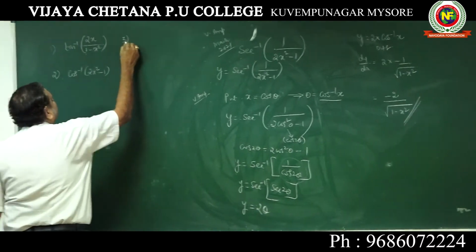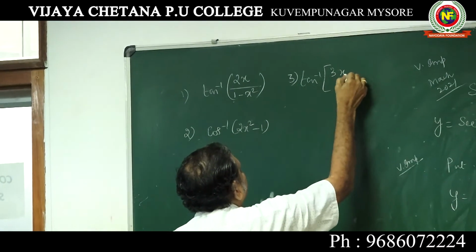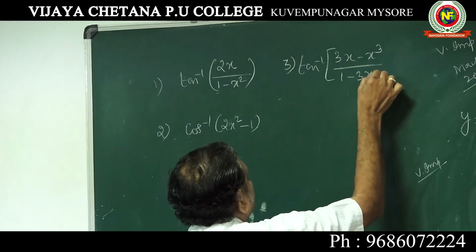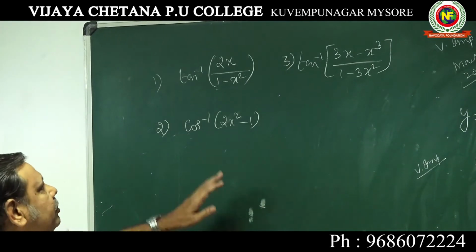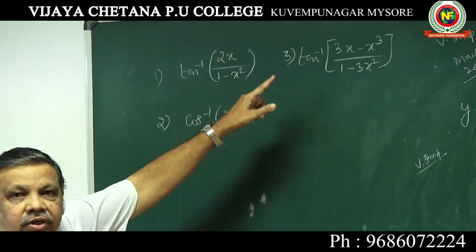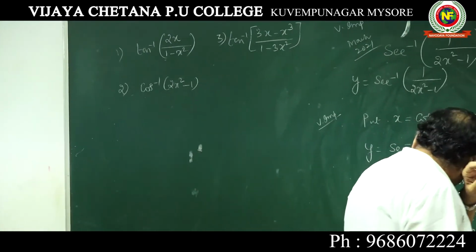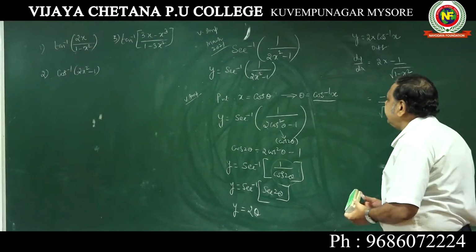One more problem you can do, tan inverse of 3x minus x cube by 1 minus 3x. These 3 problems we have already done. Please see them and do them again. Practice, practice, practice. That finishes your inverse trigonometric function.